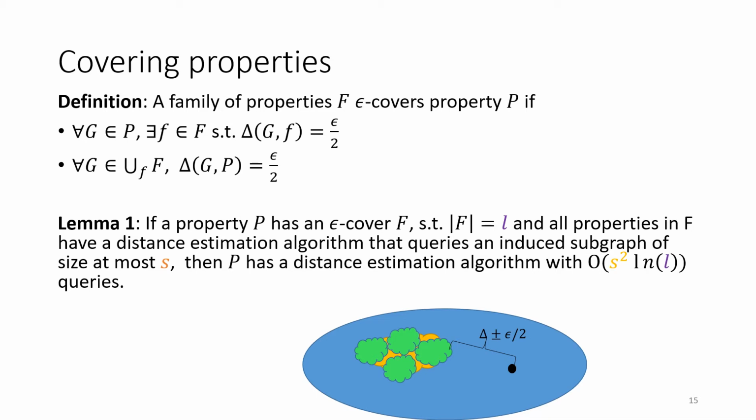The dependency is not linear because the distance estimation algorithms for the different properties in F can reuse the same queries.